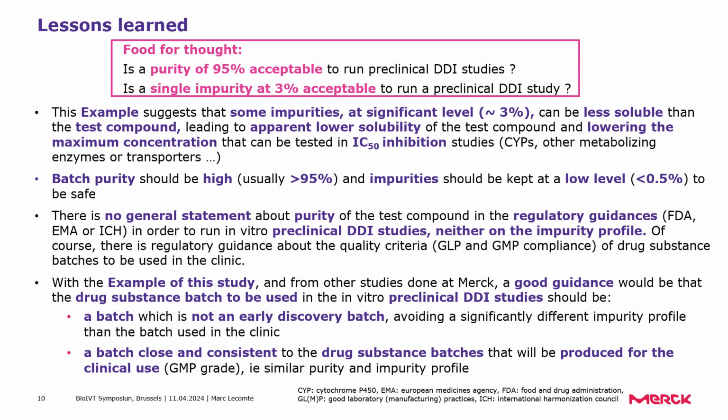So with the example of this study, and from others, good guidance would be to have a batch which is not a too early discovery batch, because usually the chemists, in my experience, produce impurity profiles and purity which are different from later batches. Also, remember you do preclinical studies, so it will be good to try to use a batch which is close and consistent to the drug substance batches that will be used in the clinic going forward, meaning matching the GMP manufacturing purity of your compound.